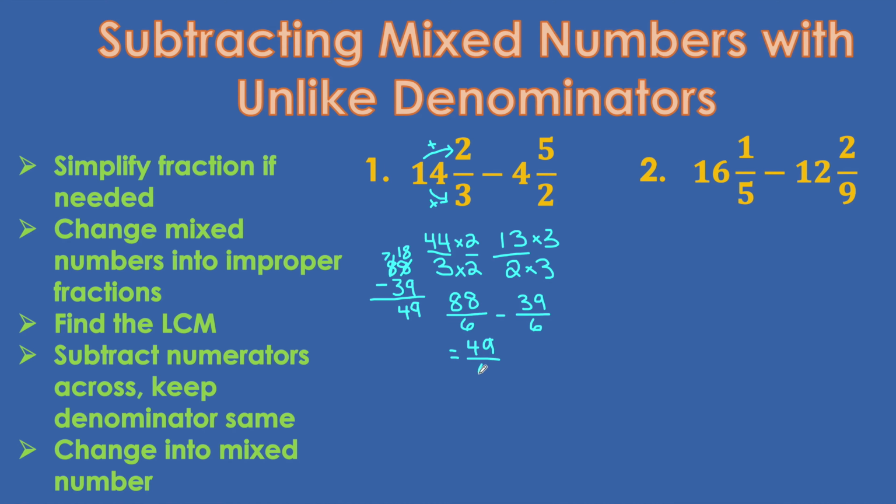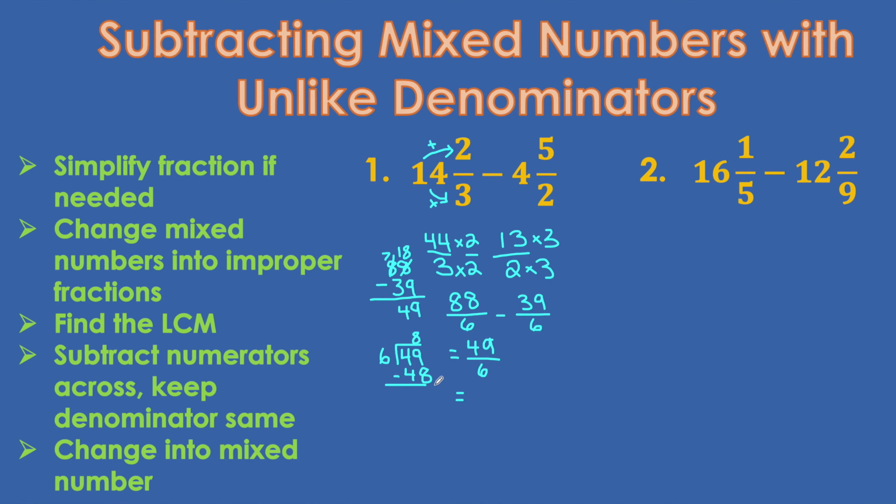over 6. And then we're just going to convert it back to a mixed number. You would just divide 49 and 6. So 49 on the inside and 6 on the outside. 6 goes into 49 8 times. 8 times 6 is 48.